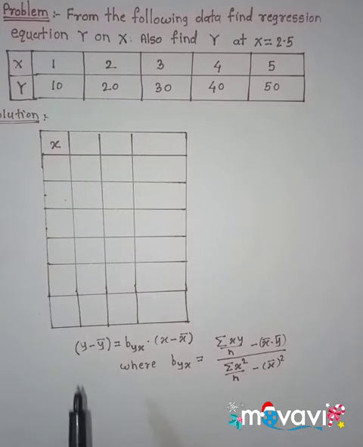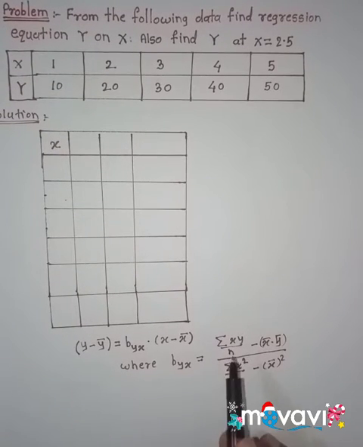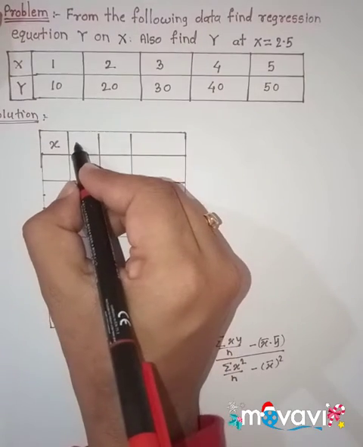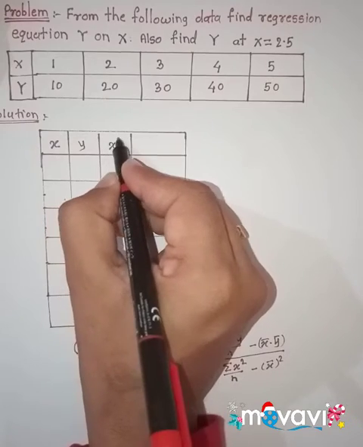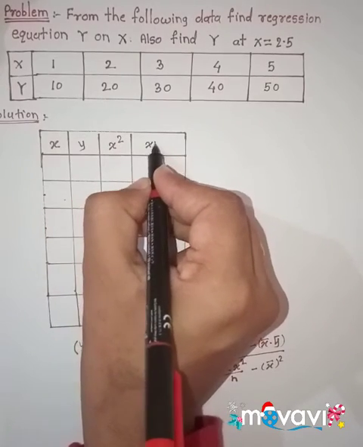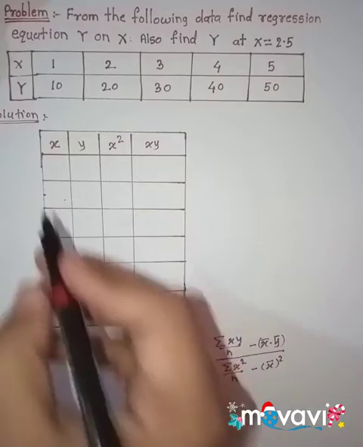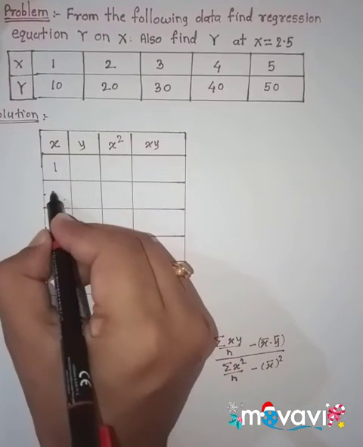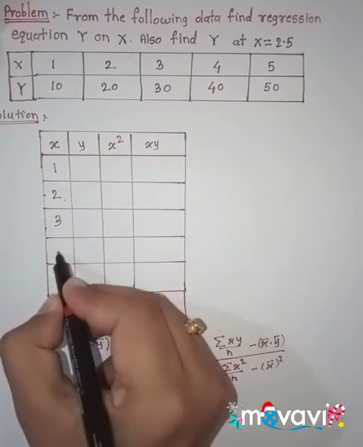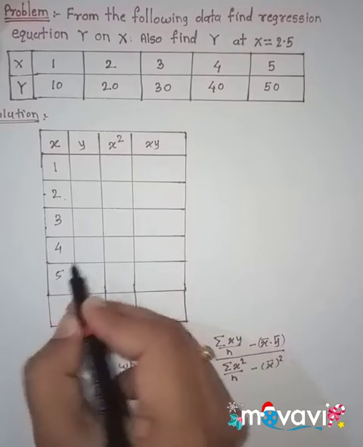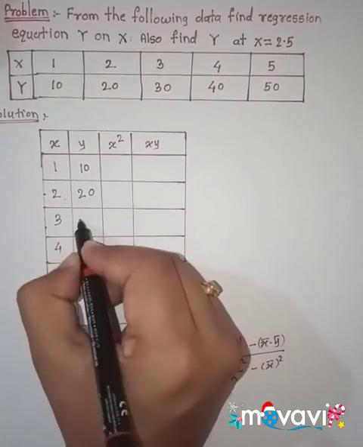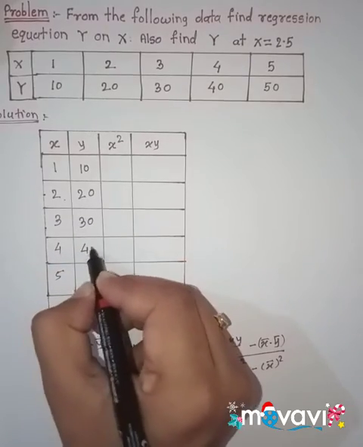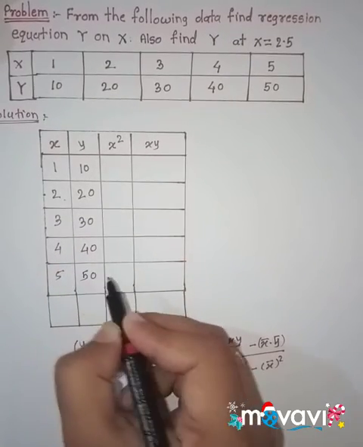So here we require x bar, y bar, summation xy and summation x square. So for this, here we write x, y, then x square, x into y. So here values of x are 1, 2, 3, 4, 5. Values of y are 10, 20, 30, 40, 50.